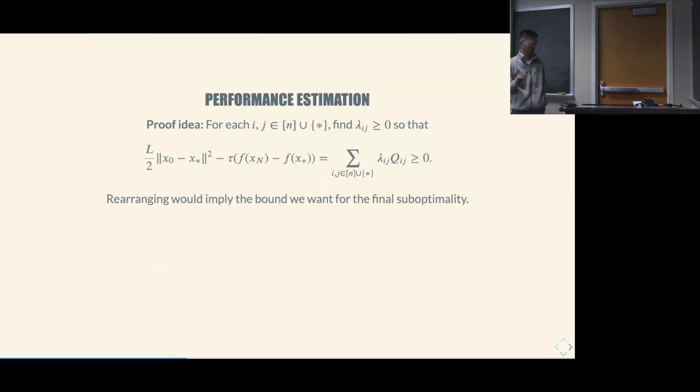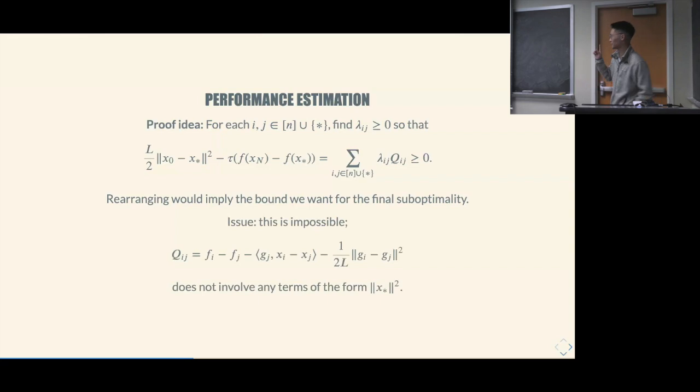It should be clear, for example, that this thing over here is non-negative because each q_ij is non-negative and each lambda_ij is non-negative. And by equality here, I mean equality as polynomials in the xi's, gi's, and fi's.